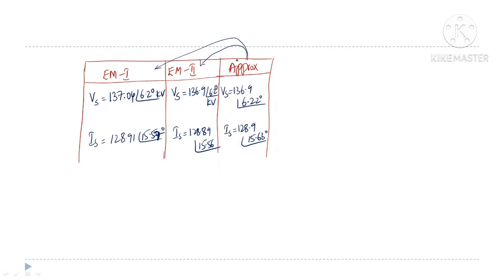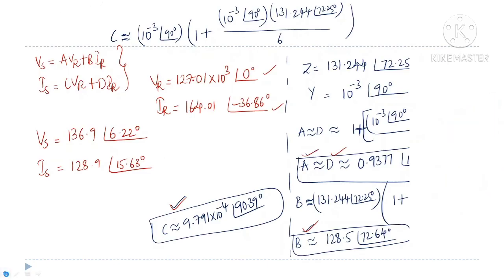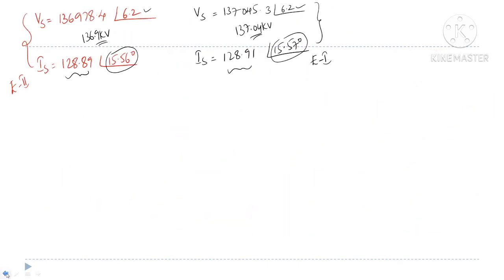Similar to the exact methods, it also gives the same results because the length is only 300 kilometers. If the length goes beyond 400 kilometers, then there will be much difference between the values which we got from the approximate method when compared with the values from the exact methods. Okay, so this is about all the three methods of finding ABCD values of a long transmission line.